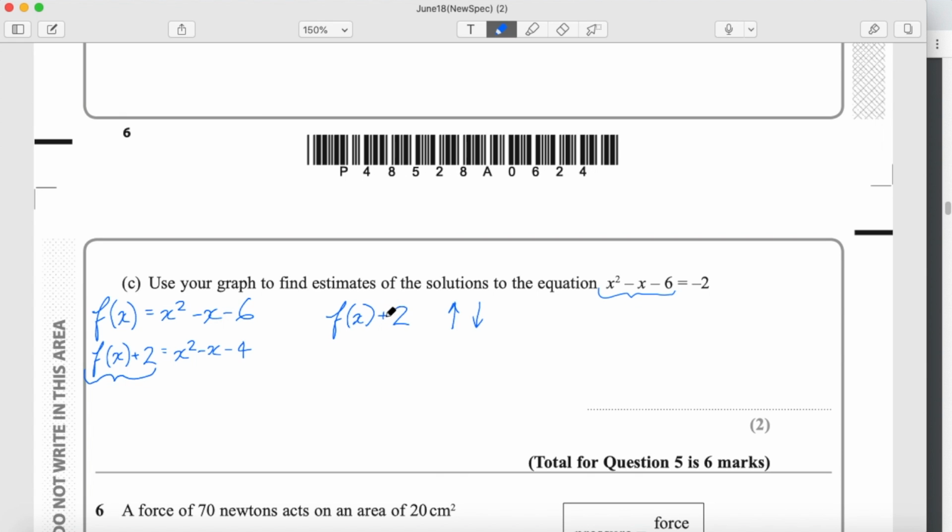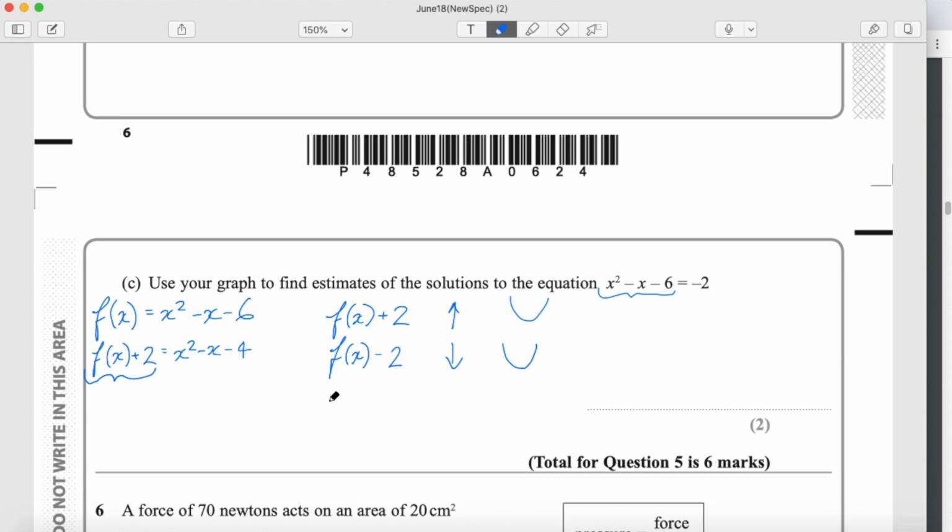So f of x plus 2, we're adding 2 and we're shifting the graph up 2 units, 1, 2 in the y direction. So that is upwards. F of x minus any number, I'll just use 2 again, that would be moving our graph down 2 in the y direction.